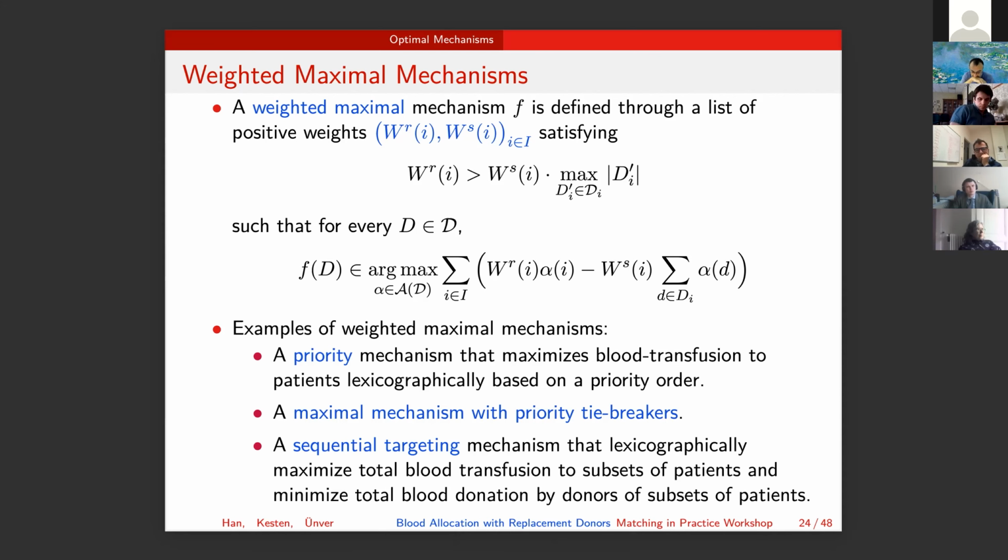And in this paper, we talk about sequential targeting. You can do this kind of targeting. So first, for one subset of agents, you maximize their blood, based on maybe blood type. Then you minimize their blood donation, then maximize somebody else's blood donation, all sequentially in a lexicographic manner. This would also be in this class.